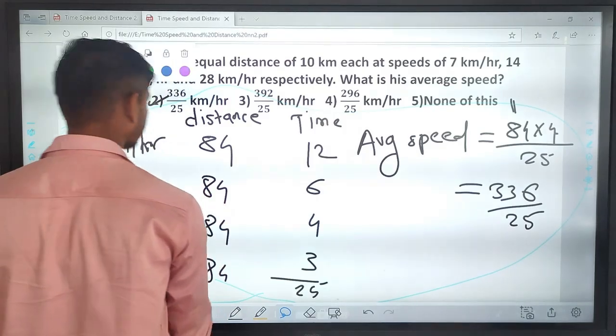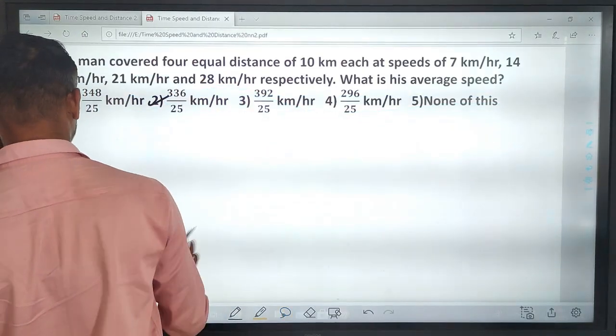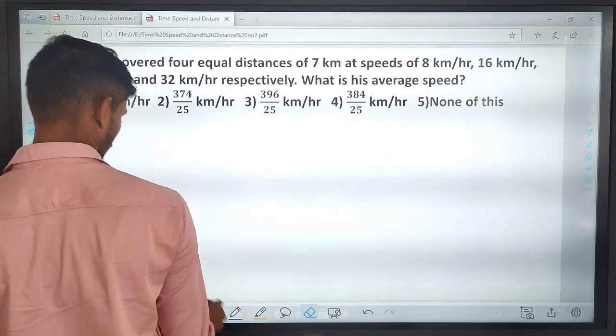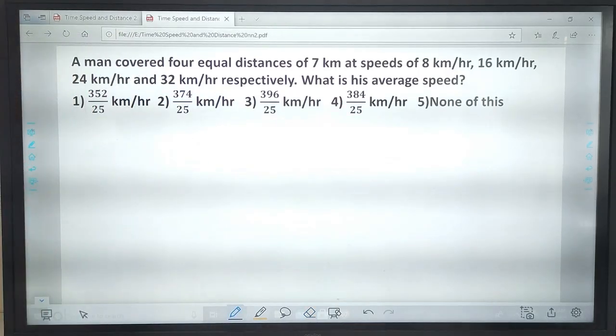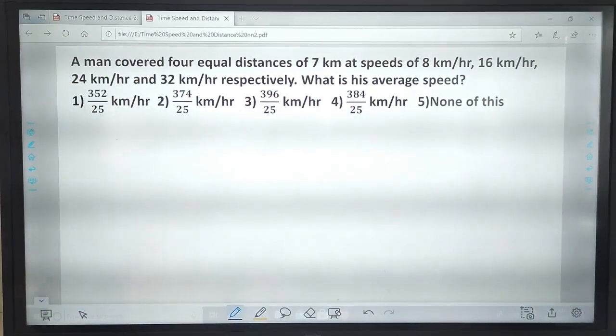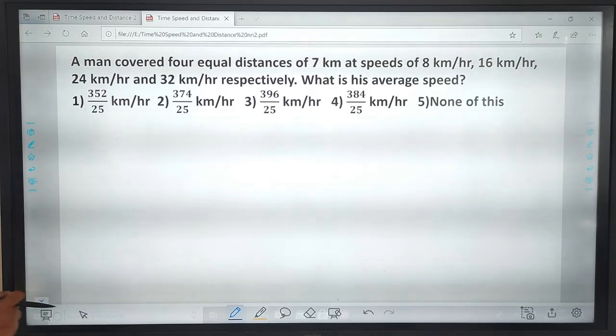Now next. Same here, a man covered 4 equal distances of 7 km at speeds of 8 km per hour, 16 km per hour, 24 km per hour and 32 km per hour respectively. What is the average speed?